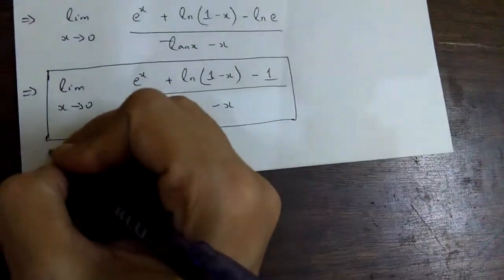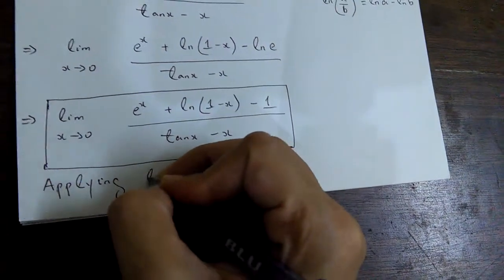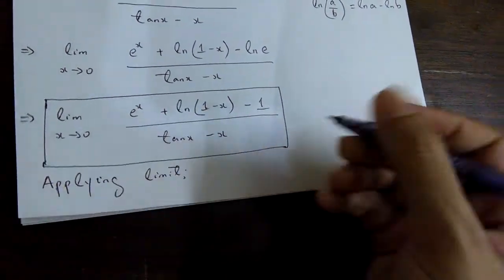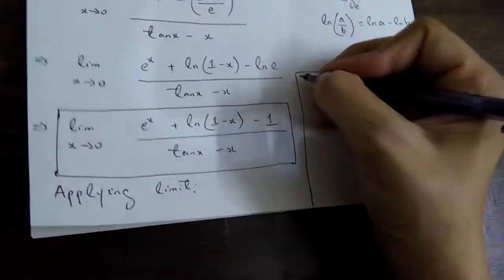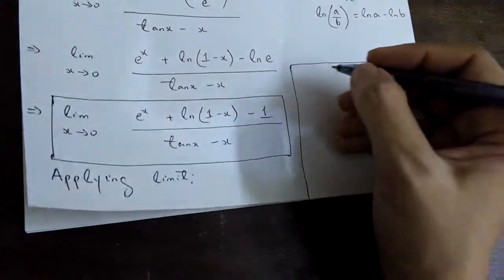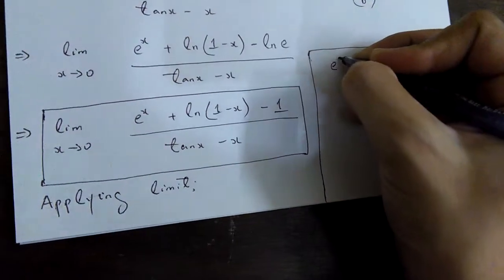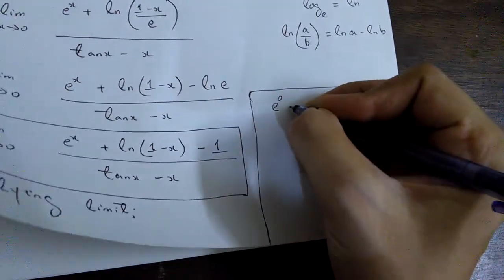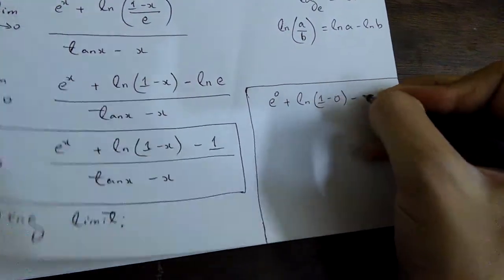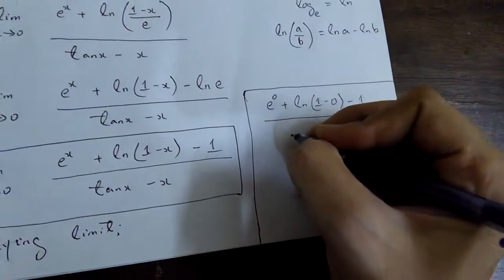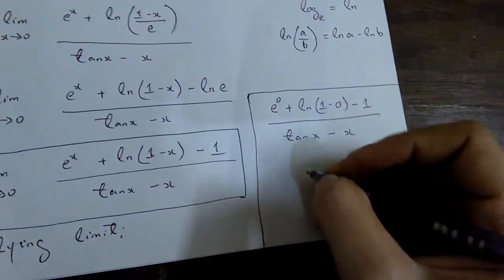Now if I apply my limit here, what is going to happen? Once I apply my limit, at the place of x, I put 0 all around.